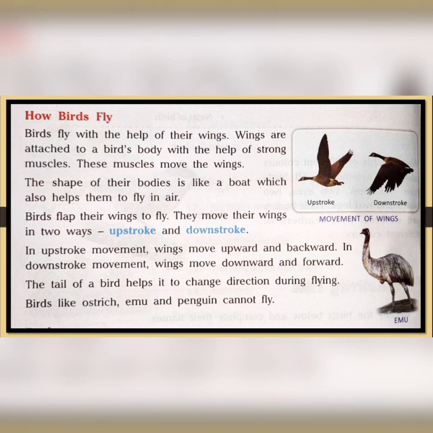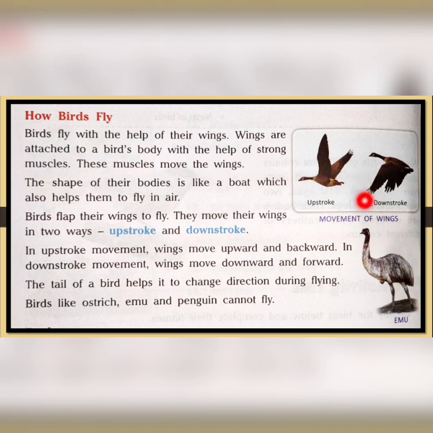We know that birds fly with the help of their wings, right? In this picture it is shown clearly. Wings of birds are attached to its body with the help of muscles, and those muscles help the wings to move.